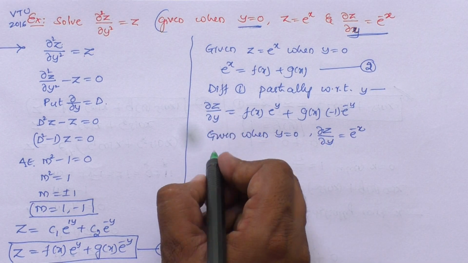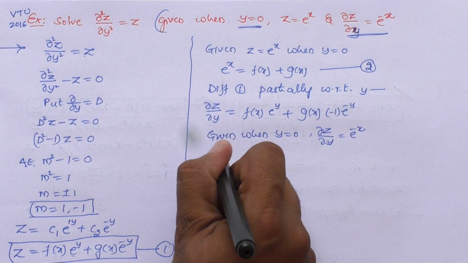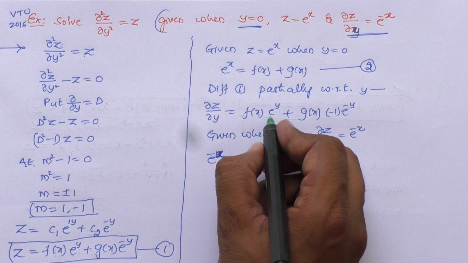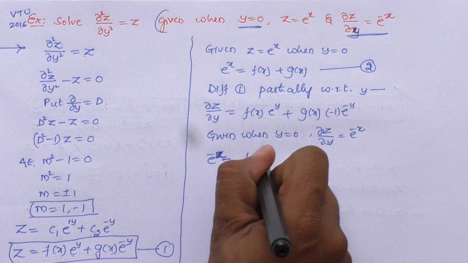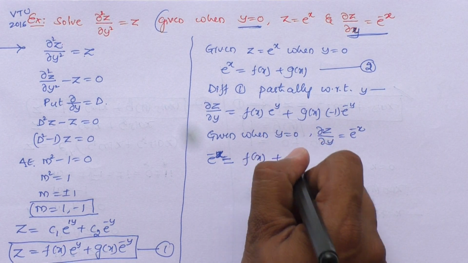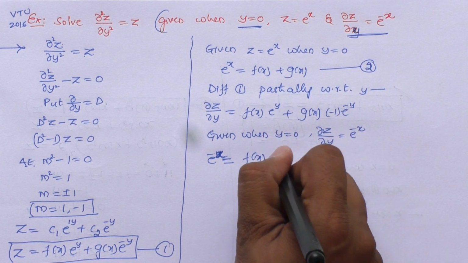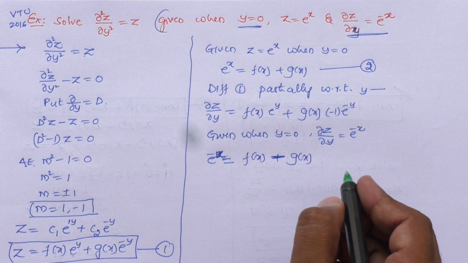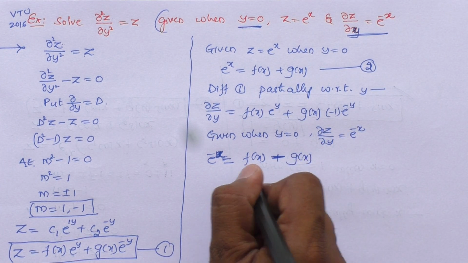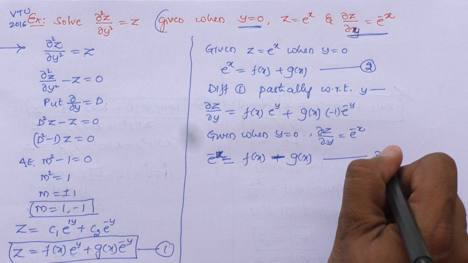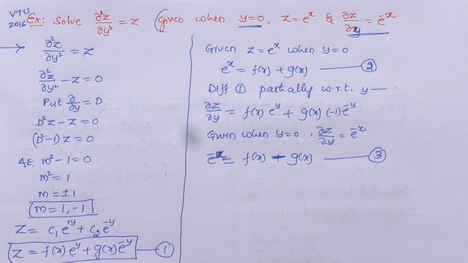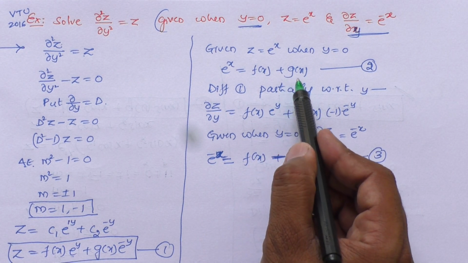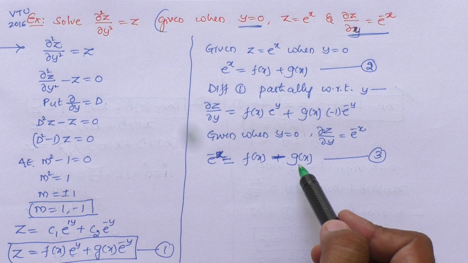So put y equal to 0: f of x e raised to 0 plus g of x, minus sign, g of x e raised to 0, which means 1. So now we got this. Take this as equation number 3. By using equation 2 and equation 3, we need to get expressions for f of x and g of x.